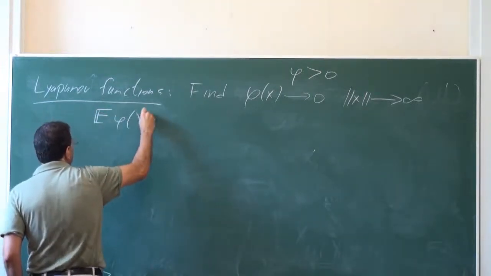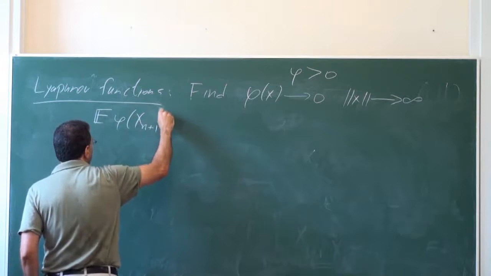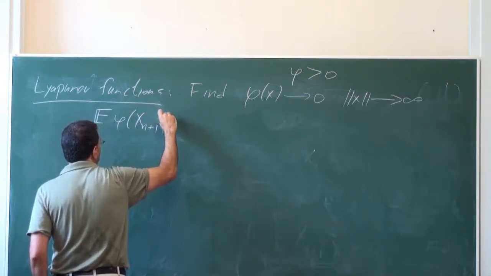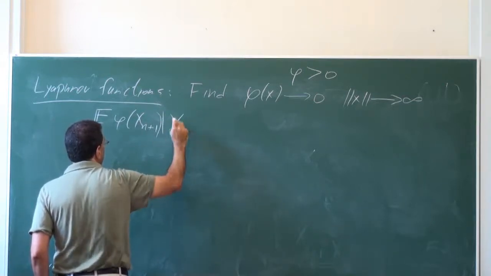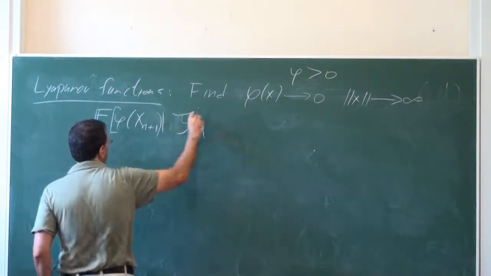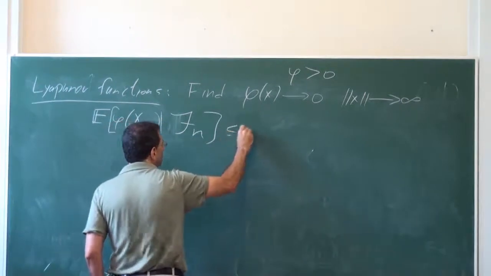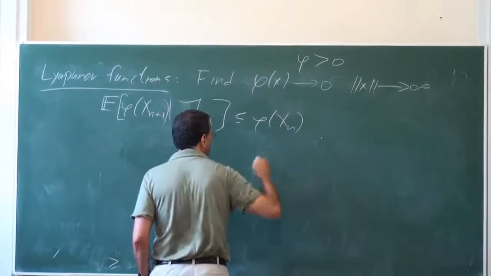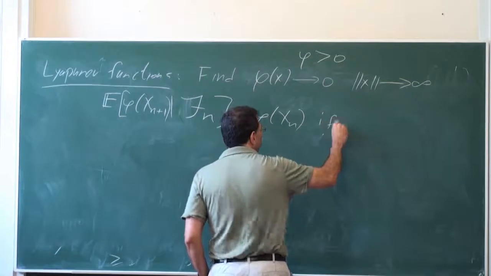The expectation of phi of X_{n+1} given everything we know at time n will be less than phi of X_n.